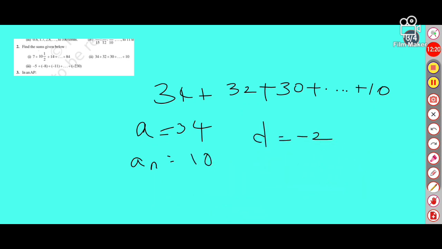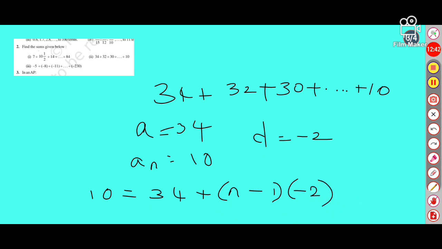These are basics. Now we need to find the net sum value. Before that, we need to find the total number of terms. So again, an equals 10 equals 34 plus n minus 1 into minus 2.